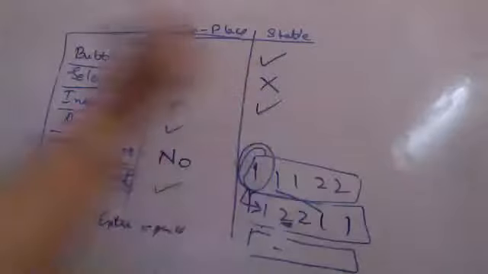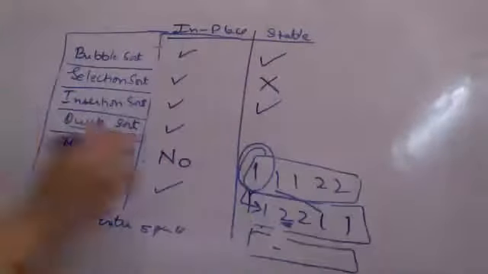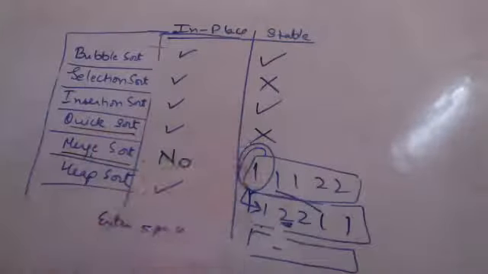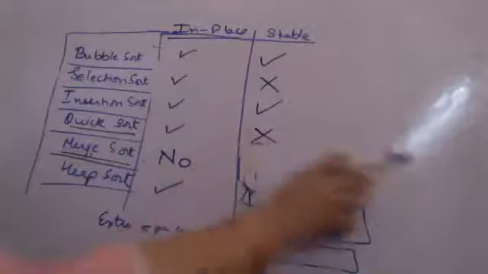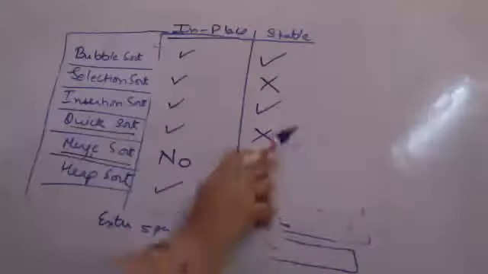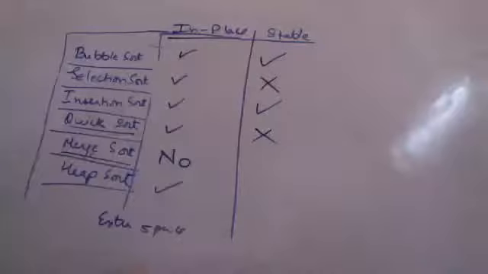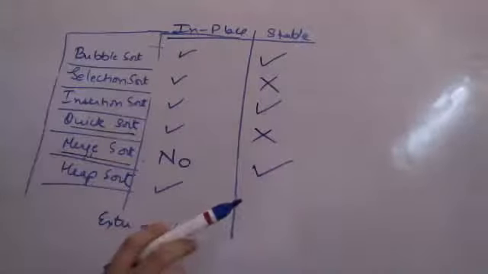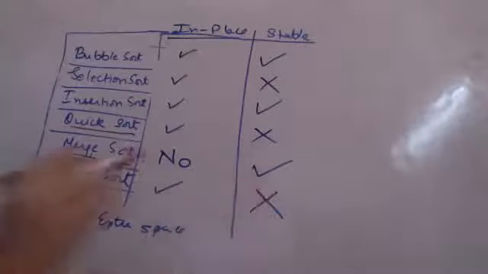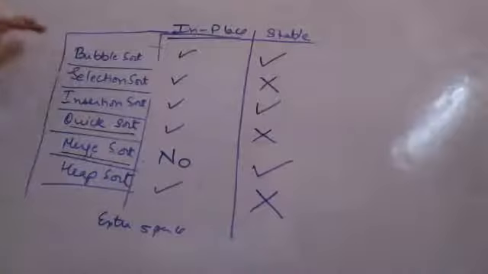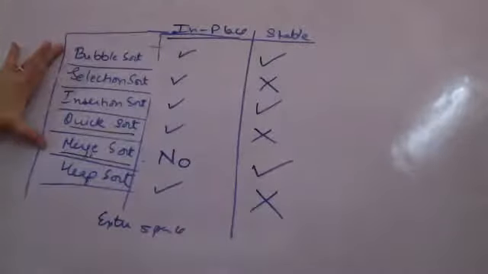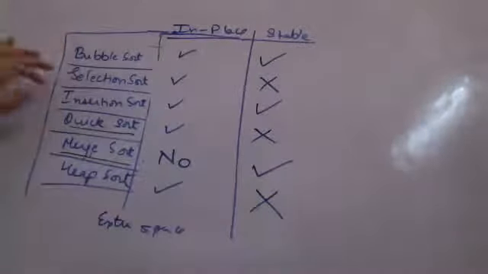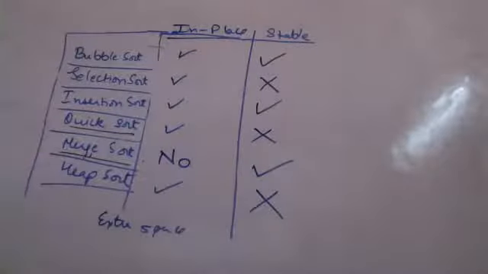Insertion sort is once again a stable sorting algorithm, whereas quick sort is not stable. It will change the position of the similar elements. Merge sort is stable, whatever is coming first will remain first, while heap sort is essentially not a stable sorting algorithm. So only bubble, insertion and merge sort are stable, while selection, quick and heap sort are unstable sorting algorithms.